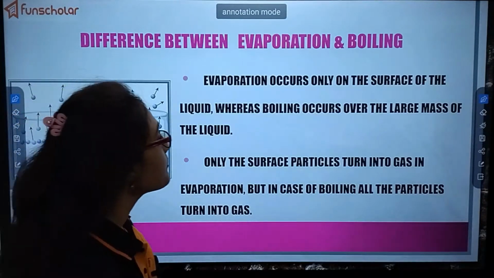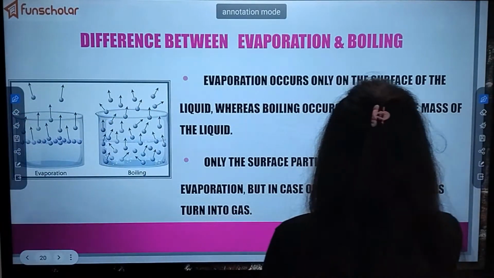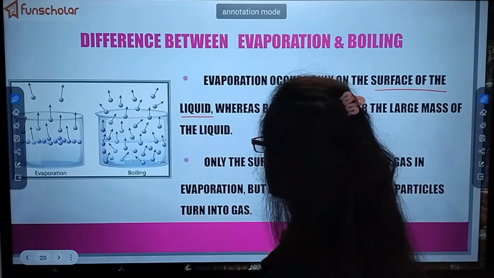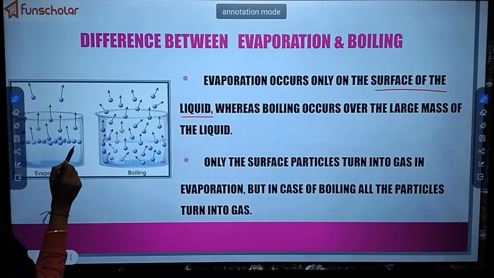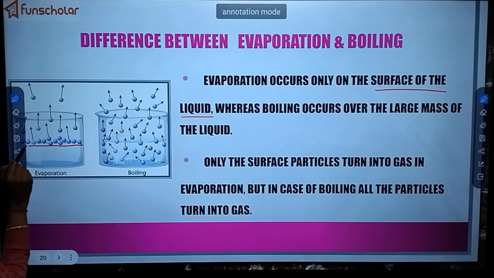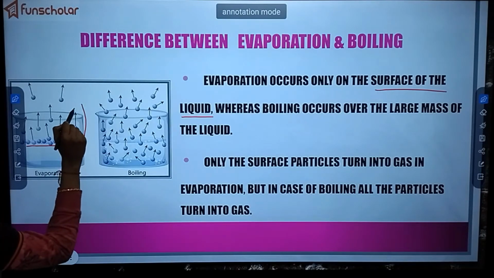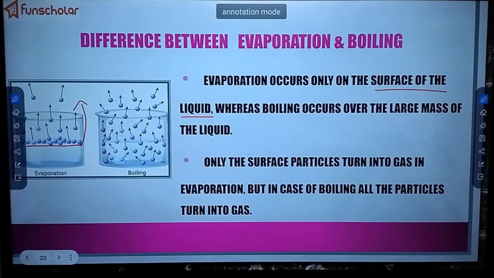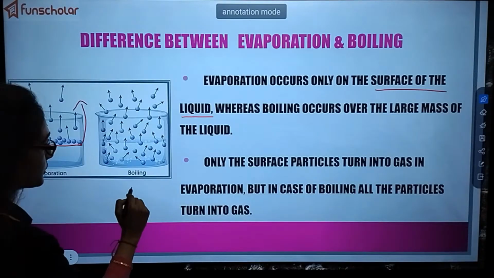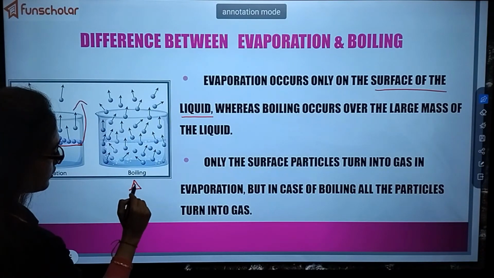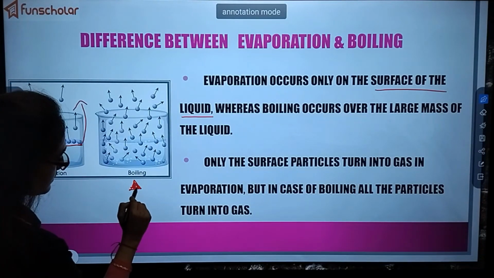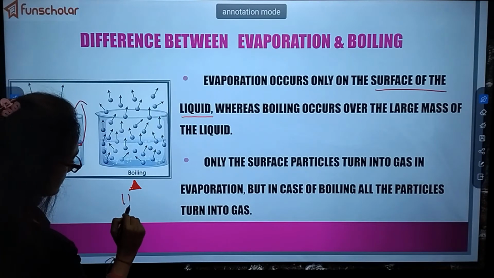First point, evaporation occurs only on the surface of the liquid. Evaporation always occurs from the surface of any liquid. But boiling, when you are putting heat, this is the symbol of heat, okay? This is heat.